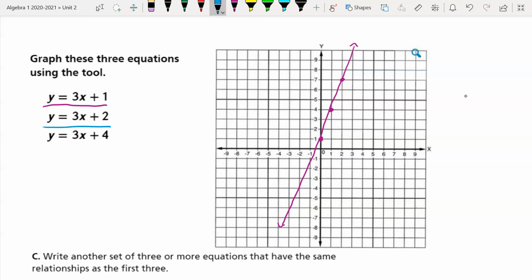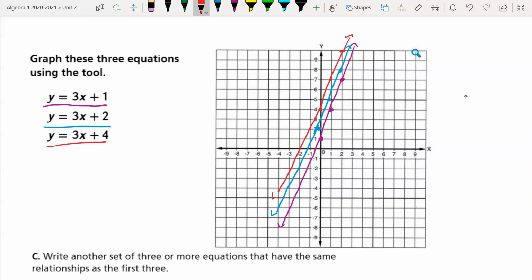Second one I'm going to graph it blue. And the final one I'm going to graph it in red.